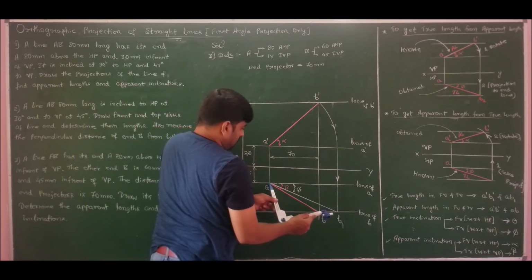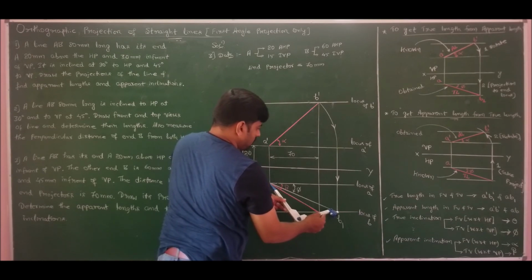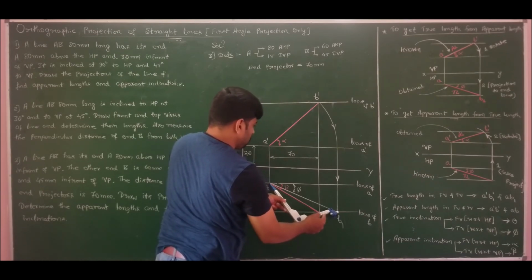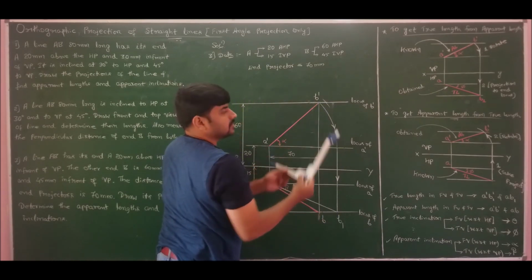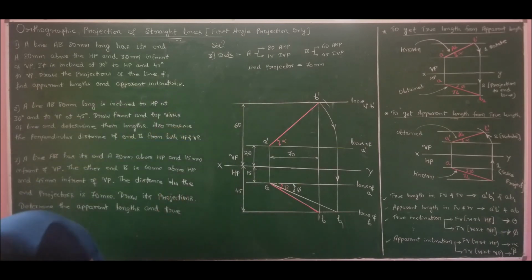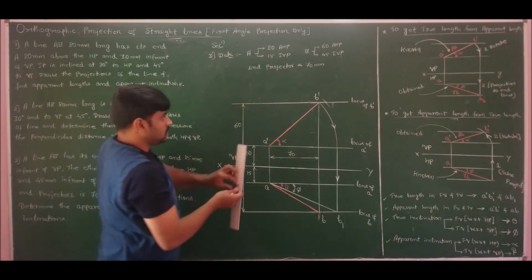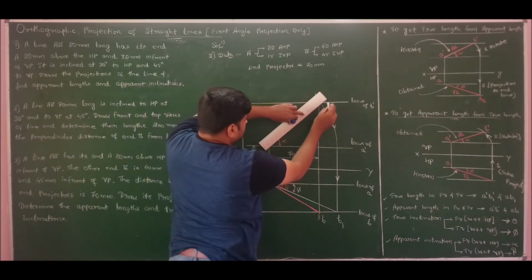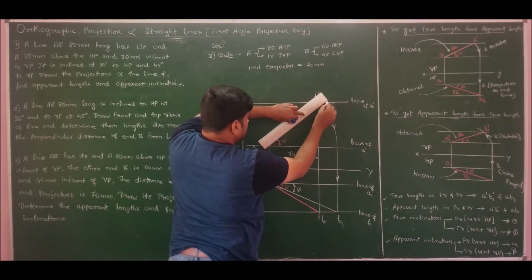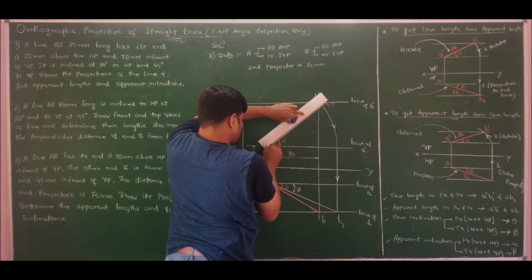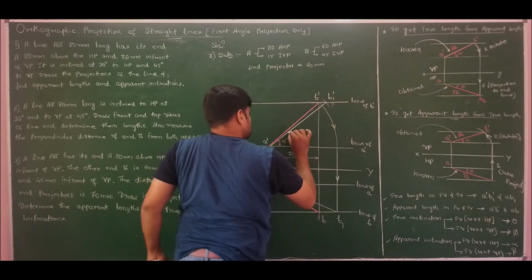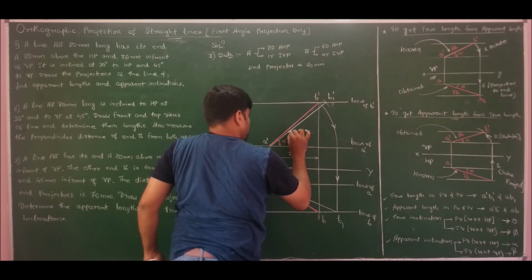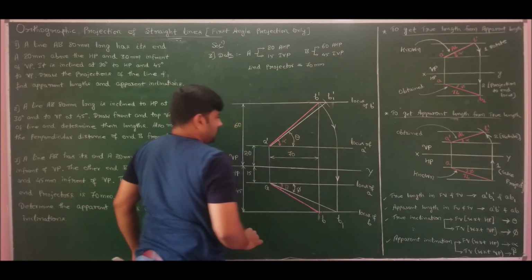Since the dimension of true length will remain same both in the front view and top view, I will measure the true length in top view, fixing it A dash, just like cut an arc. So joining which I will get A dash B1 dash. So this angle will be theta.